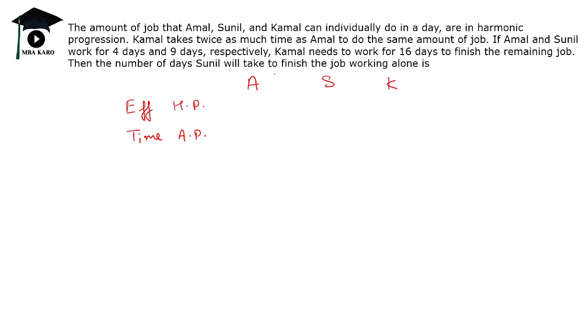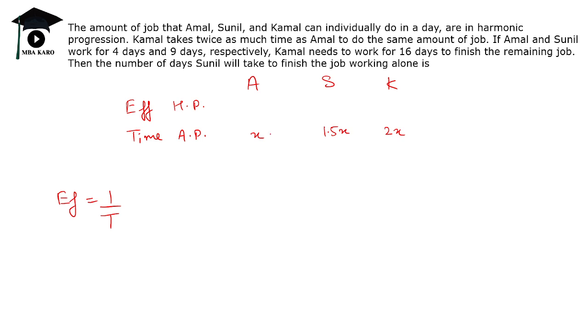The amount of job is efficiency, and efficiency is 1 upon time. So if efficiency is in harmonic progression, time will be in arithmetic progression. Kamal takes twice as much time as Amal. So if Amal takes x, Kamal will take 2x and Sunil will take 1.5x time.